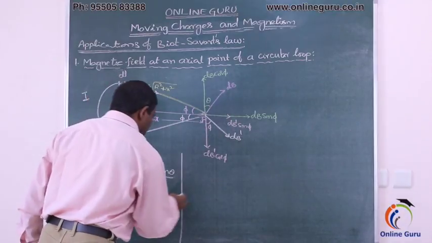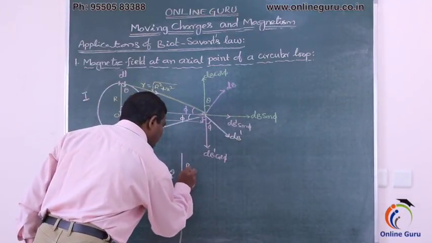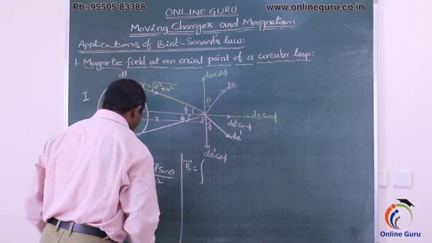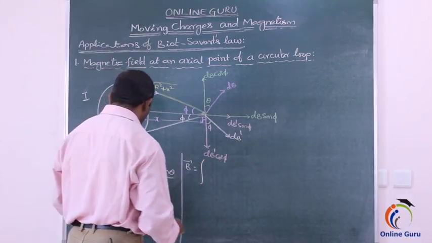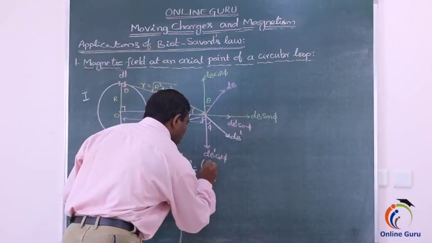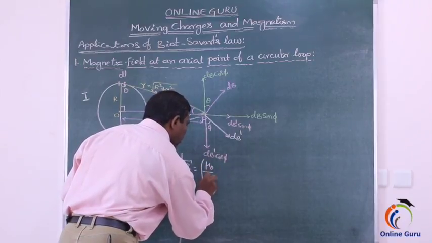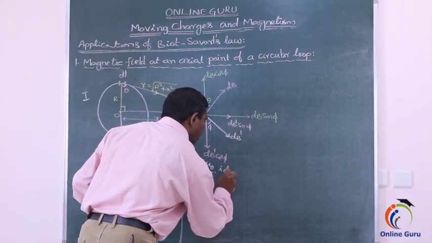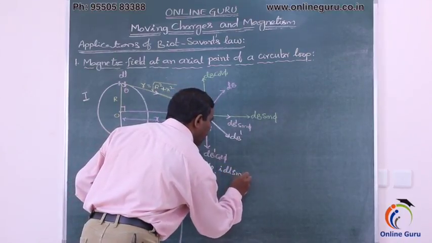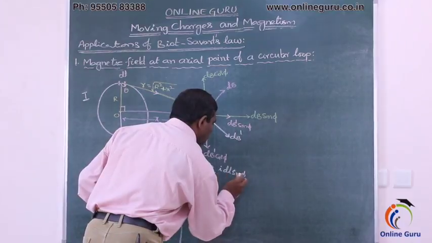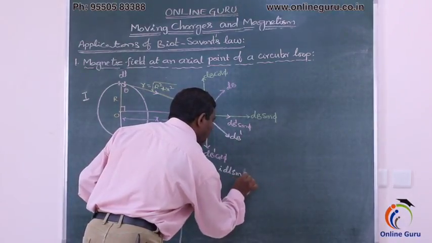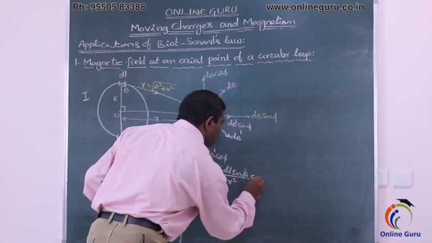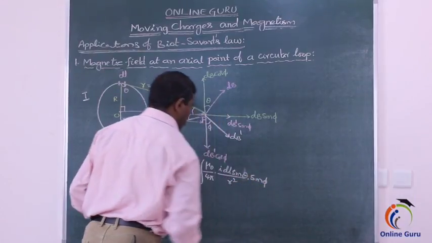Then the total magnetic induction B is equal to the integral, where the value of dB is mu naught by 4 pi into I dl sin theta divided by r square, into sin phi.